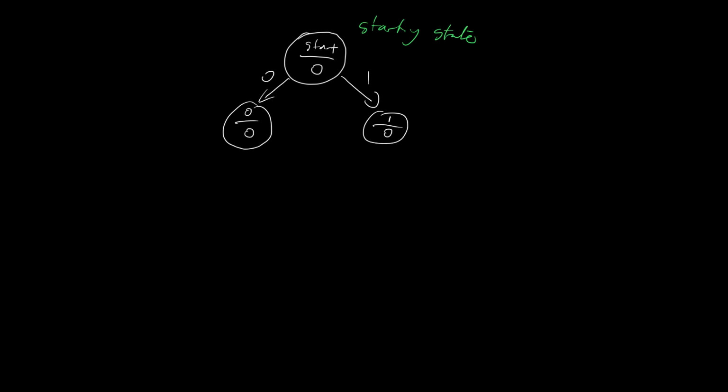I either have a 0 at the input or I have a 1 at the input, and I need to figure out what to do. Well, if I have a 0 at the input, then I have not detected a transition because my previous input was a 0 and my current input is a 0, so no transition. And basically I just want to wait until I get a 1.